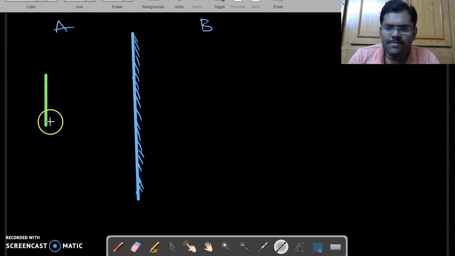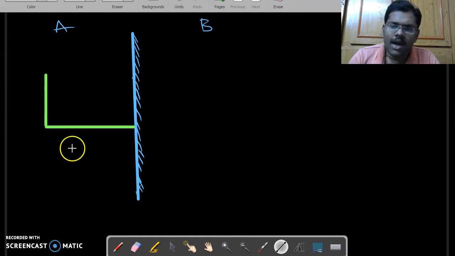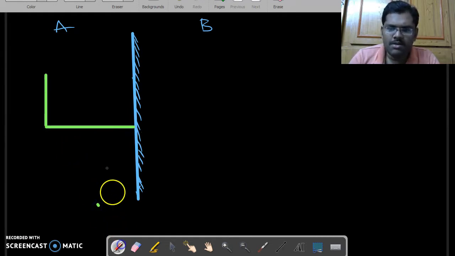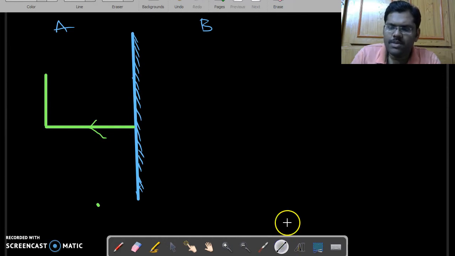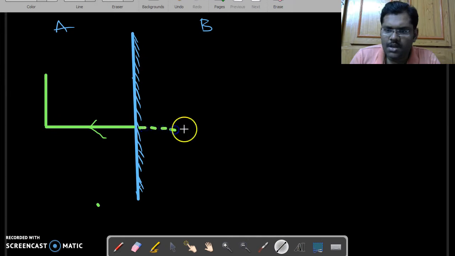So first, light always travels in a straight line, and again it reflects back. Now what we are doing here is drawing the dotted lines as if it is coming from this side. So assume this as a straight line.